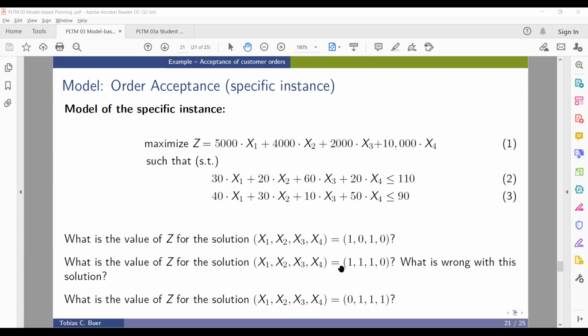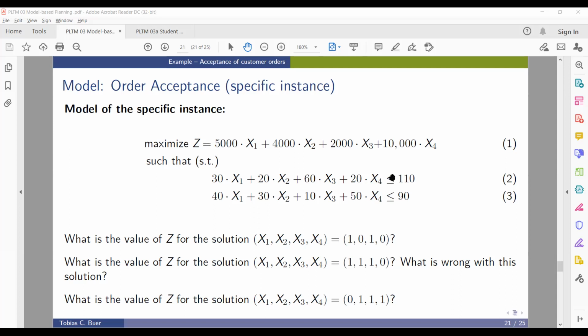So if we enter it, then we have 30 plus 20 is 50, plus 60 is 110, plus 0. So on the left side, we have 110 is smaller or equal than 110. So it means this constraint is fulfilled. So we have no problem with number 2. They are exactly equal. That's fine because we write smaller or equal.